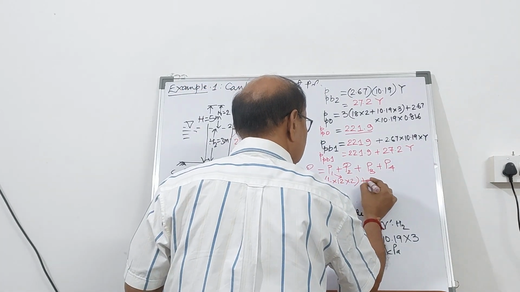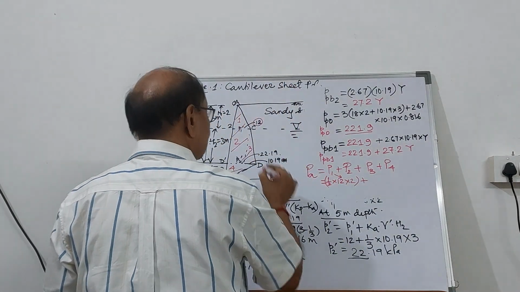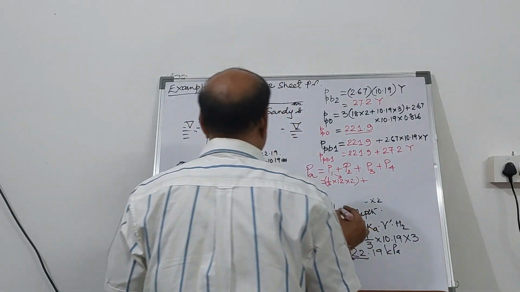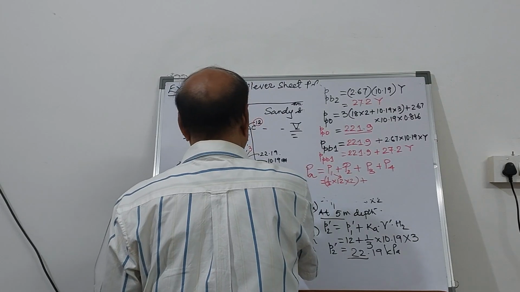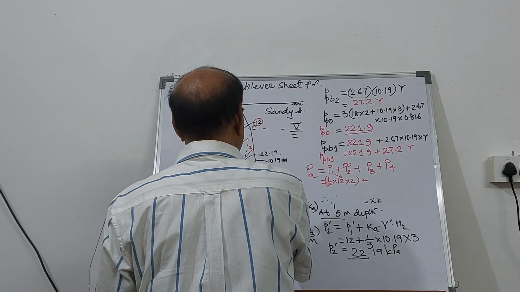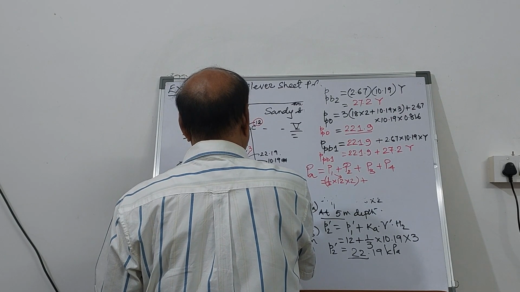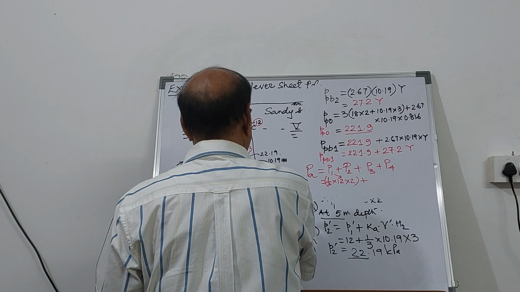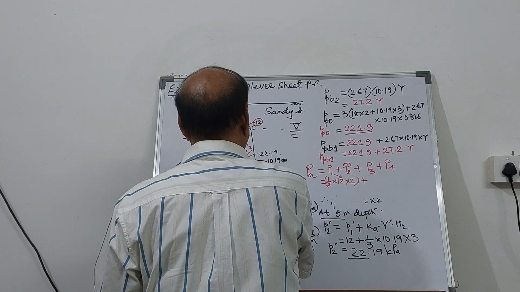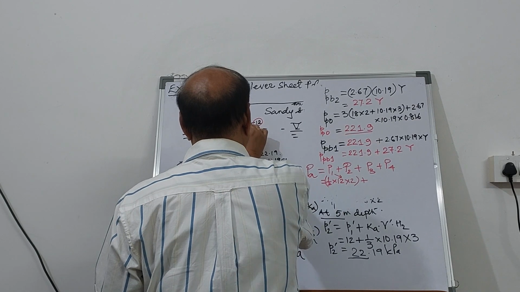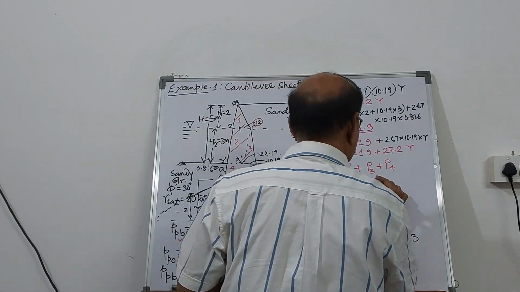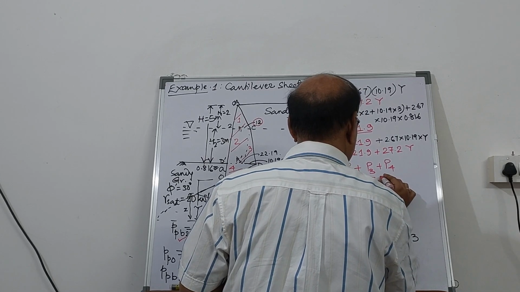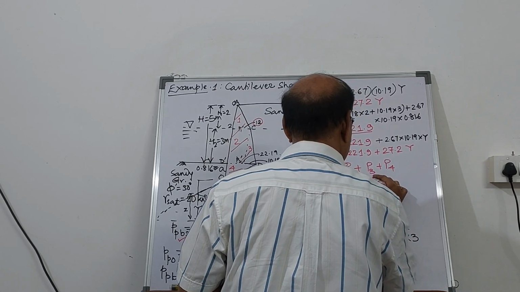Similarly, calculate P2, the area under 2: 12 multiplied by 3, so it is going to be 36.